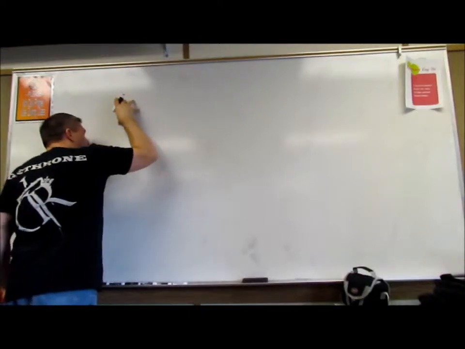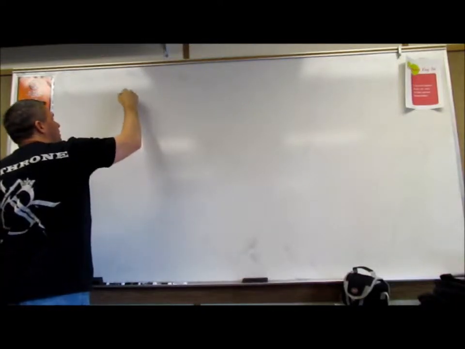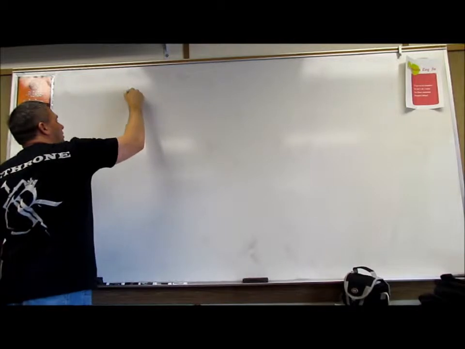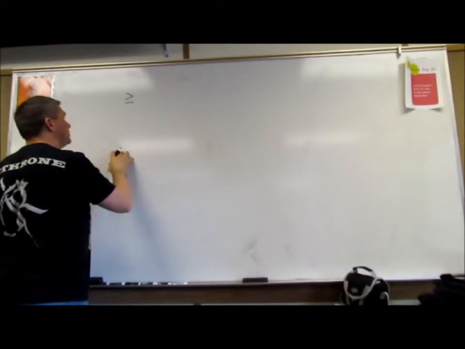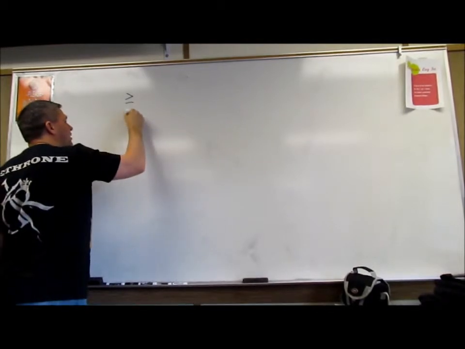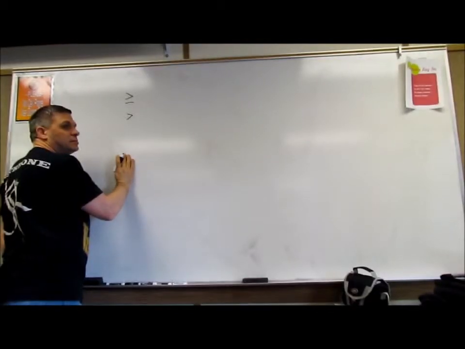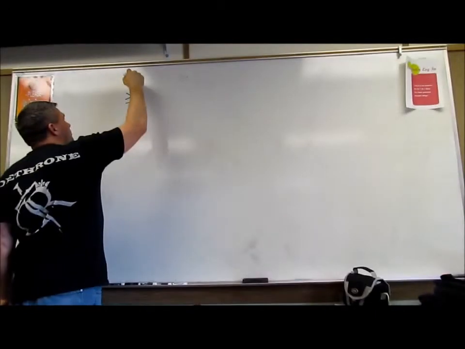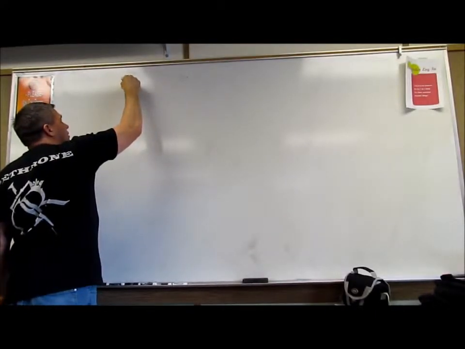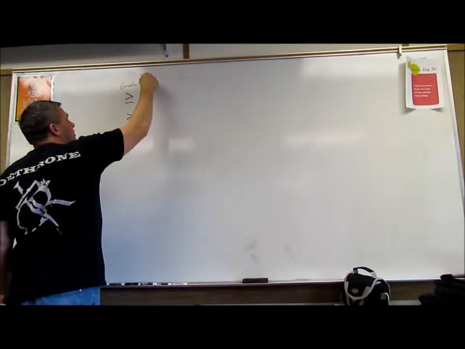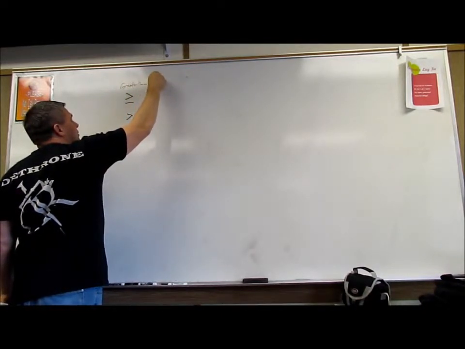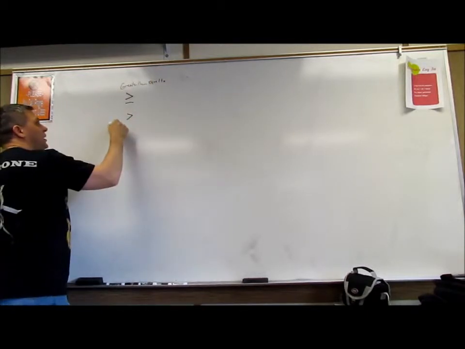The primary rules of inequalities are this. You have a greater than or equal to sign, and you have a greater than sign. Okay? So, greater than, equal to, and then greater than.